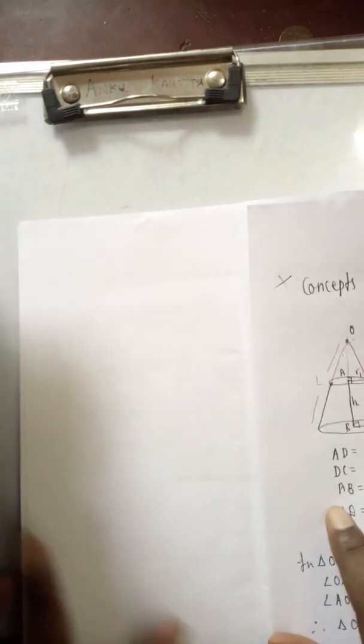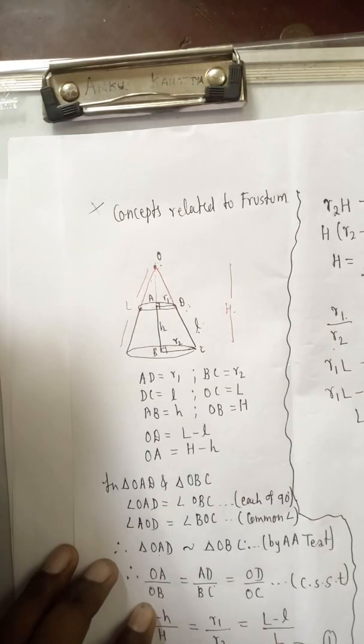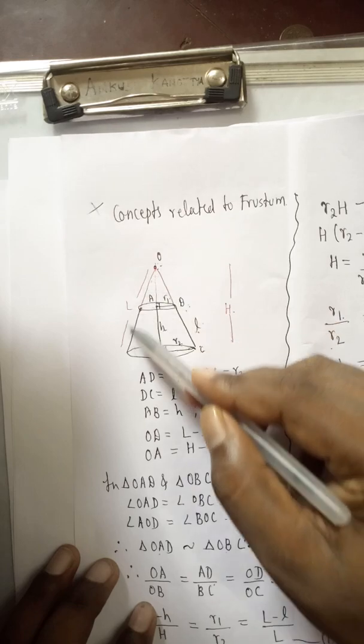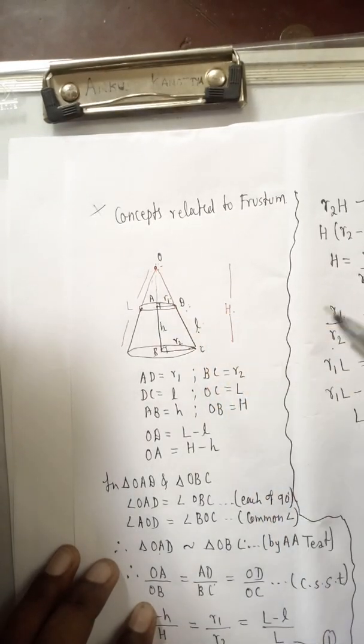So friends, here I was talking about this figure. I hope this is clear to you all. So C.S.A of this part will be total C.S.A of the cone minus C.S.A of this smaller cone.